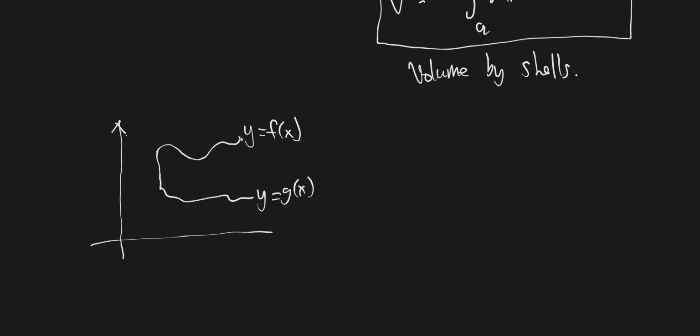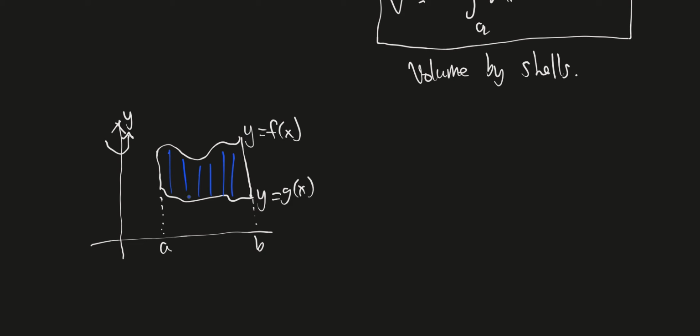And the region is still defined by limits on the x-axis. But now let's say the revolution is about the y. And again, both of these equations might be difficult to solve for if we wanted to try to set it up in terms of y.